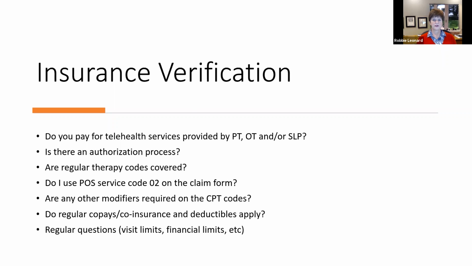Place of service is a code that we put on our claim form when we file a claim to tell the payer where we're providing that service. For example, in the outpatient therapy world, when we do an outpatient therapy visit in a traditional office-based setting, we use place of service code 11. If we provide outpatient therapy in the patient's home, we use place of service code 12.